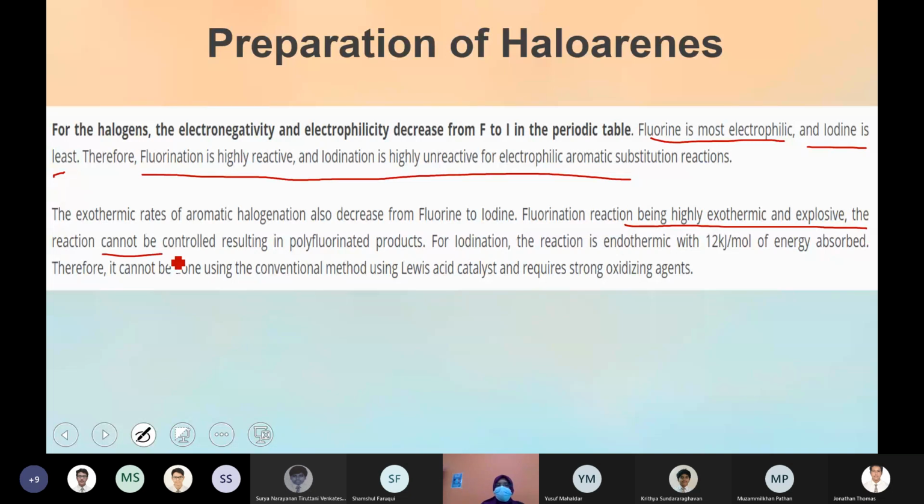That is the reason why we are not using that method, because it's an uncontrollable and explosive reaction. But in the case of iodination, the reaction is very weak. You need to use high energy, which can be done only using a strong oxidizing agent.